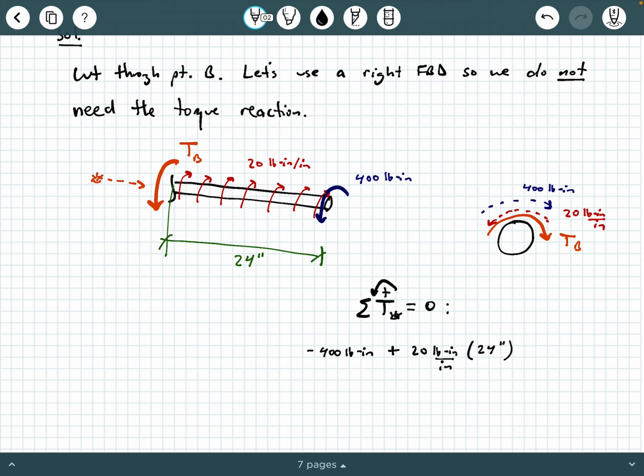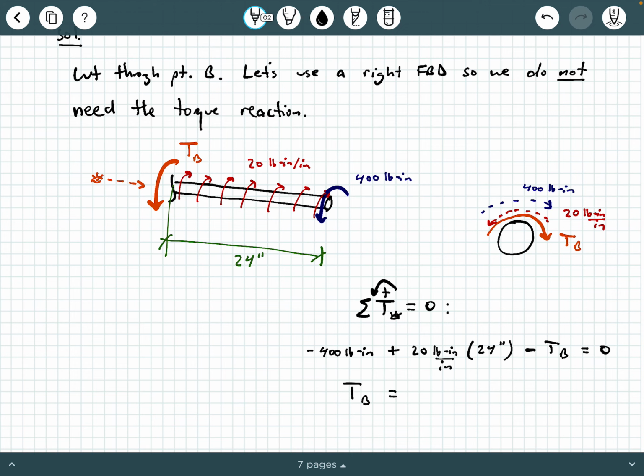And then finally we say minus TB equals 0. So it looks like I started with what's back here and then I moved forward when I wrote my equations, okay? And so what I'm solving for here is TB.